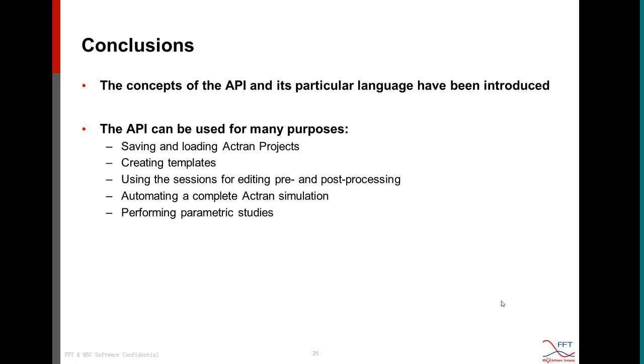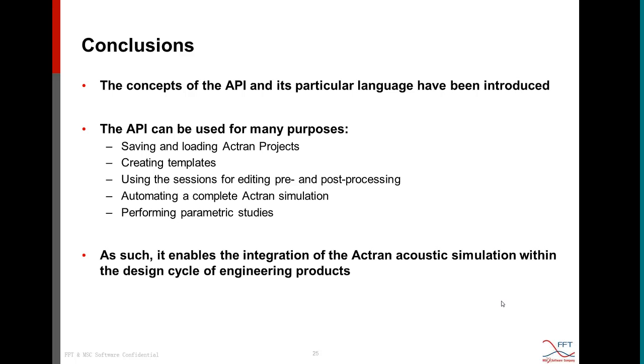As we have seen, the API can be used for several purposes, from the basic to the advanced, including saving and loading Actran projects, creating templates, using the session for editing the pre-processing session or the post-processing session, automating a complete Actran simulation, including the running of the model itself, and finally, performing parametric studies. As such, it enables the integration of Actran acoustic simulation within the design cycle of engineering products.